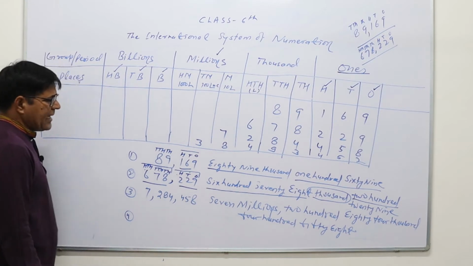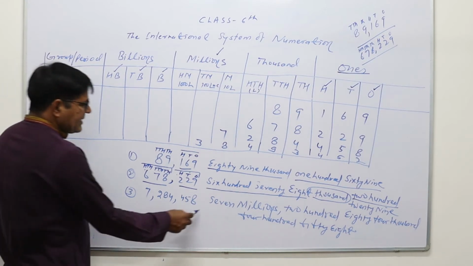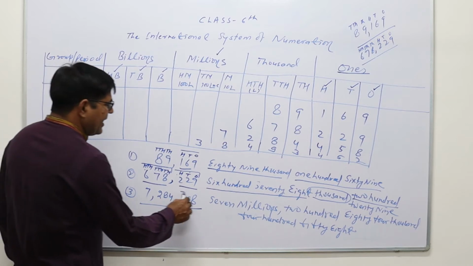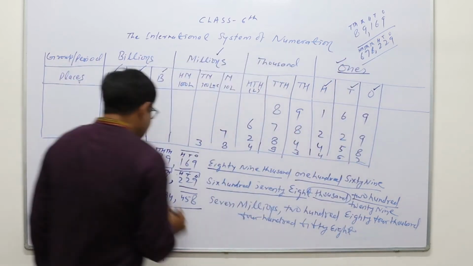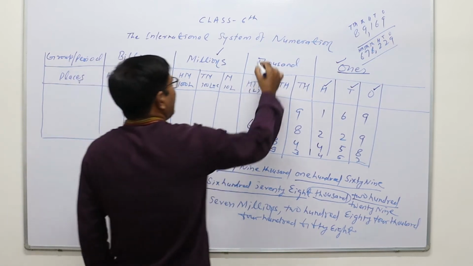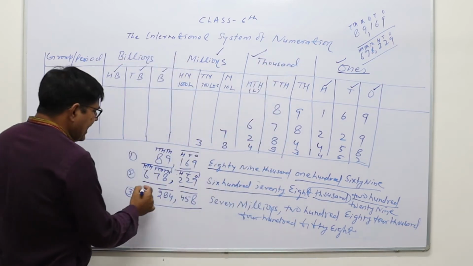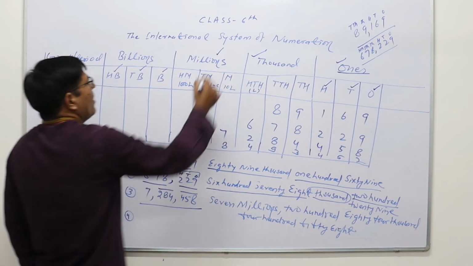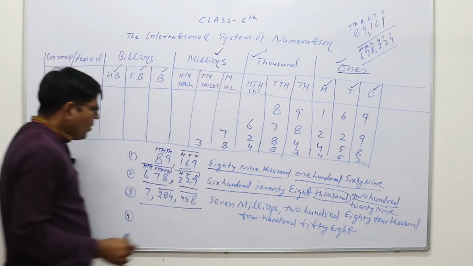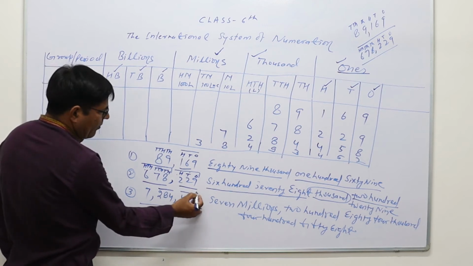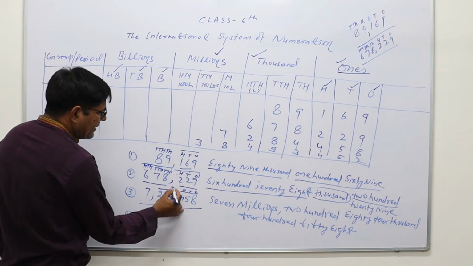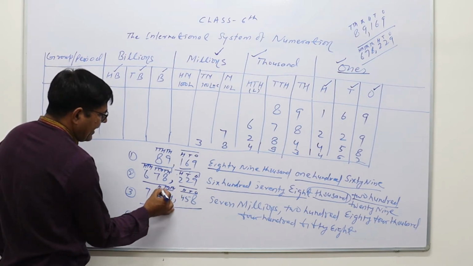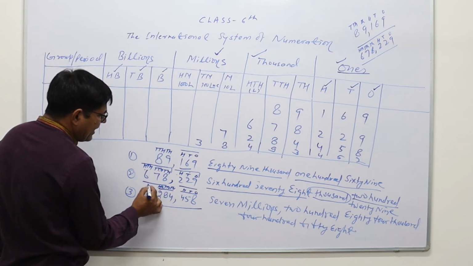Let us suppose any given number has 7 digits. Then the first 3 digits belong to the ones group, the next 3 digits belong to the thousand group, and the next digit belongs to the millions group. So how will we read it? Ones, tens, 100, then 1000, then 10,000, then 100,000 and then millions.